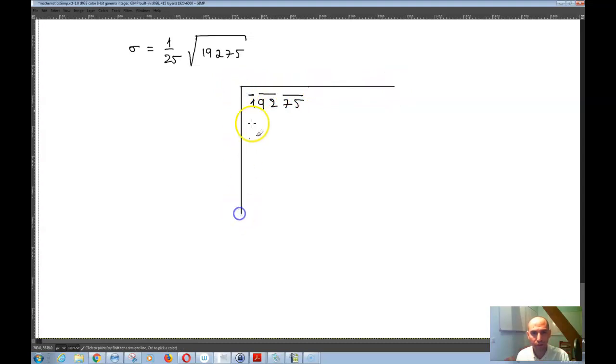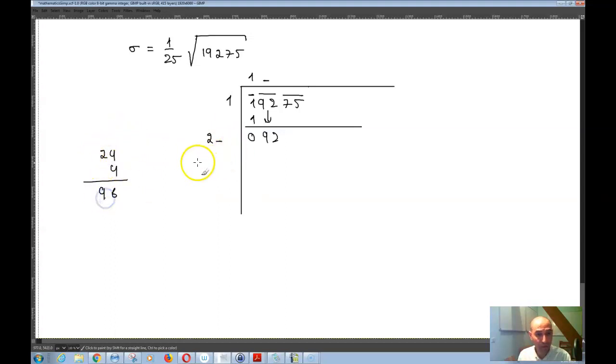And then you can basically write 1 times 1 is equal to 1, subtract 0, 92 bring down. 1 plus 1 is equal to 2. So, for example, 25 times 5 is equal to... 24 times 4 is equal to 16, 1, 96.